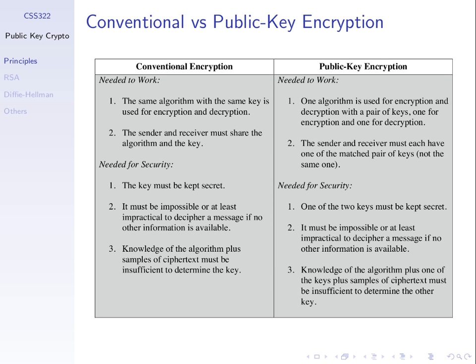They're not the same keys. In symmetric key cryptography or conventional encryption, the key must be kept secret. There's just one key, it must be secret between those two users. That's only the case for one of the keys in public key cryptography, the private key. Same requirements here. It must be impractical to decipher a message without having the key available.